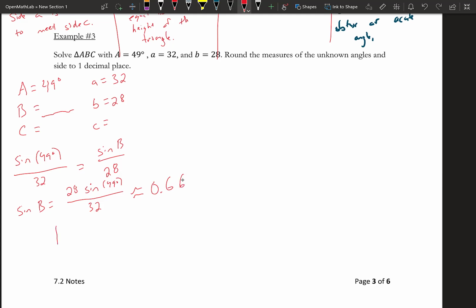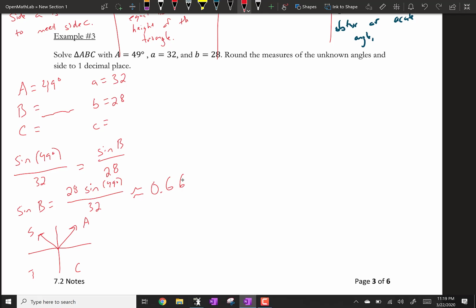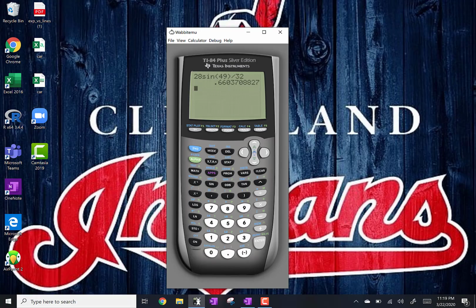Which is positive. So sine, all students take calculus, is positive in the first and the second quadrant, right? So if I do arc sine of that answer, I get the reference angle, which is roughly 41.3.